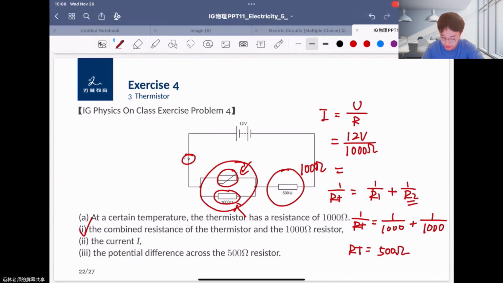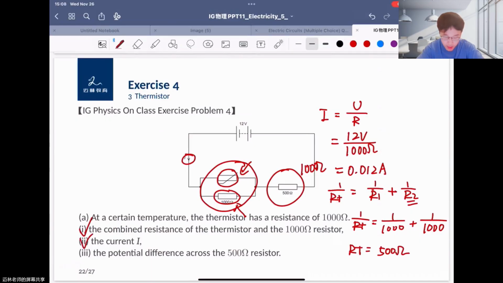The final answer is 0.012 amps. This is the second question, also not very difficult. If you are familiar with Ohm's law, you can write down the formula very easily.